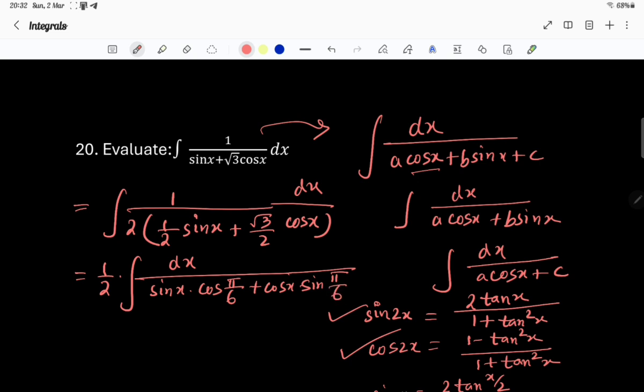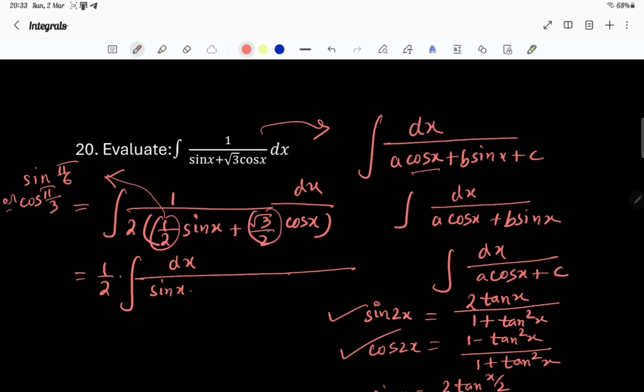Can I write that? Okay. Or you can write like this also: half is sin pi by 6, as well as you can write the cos pi by 3 formula, cos 60 degree is half, so cos pi by 3. And root 3 by 2 you can write as sin pi by 3 or cos pi by 6. Any one of them you can compare.